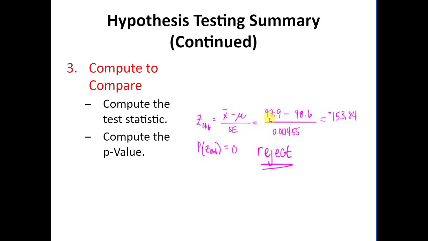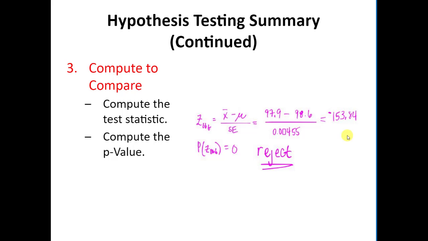When I plugged in numbers, I put in 97.9 minus 98.6 for my numerator, figured out what that was, and then divided that by 0.00455, and I got that the Z obtained would be negative 153.84, which is much, much, much less than our ZCrit, which was negative 2.326. It was much further to the left.